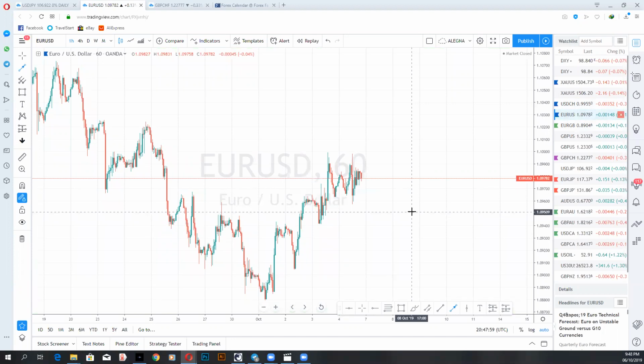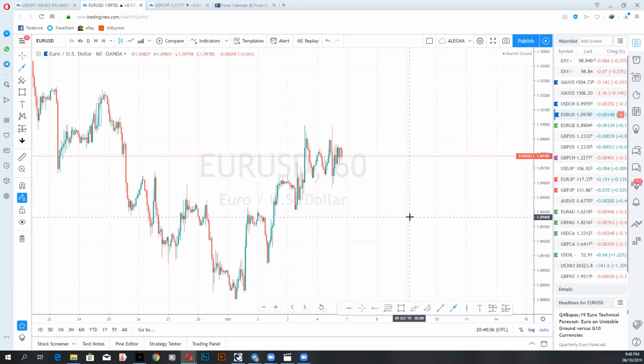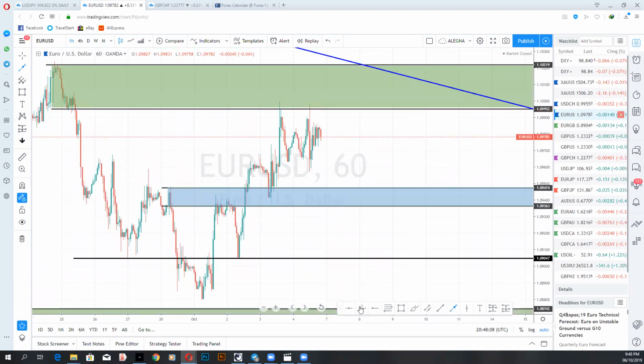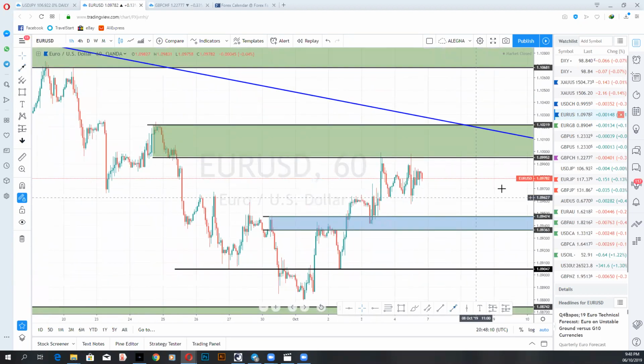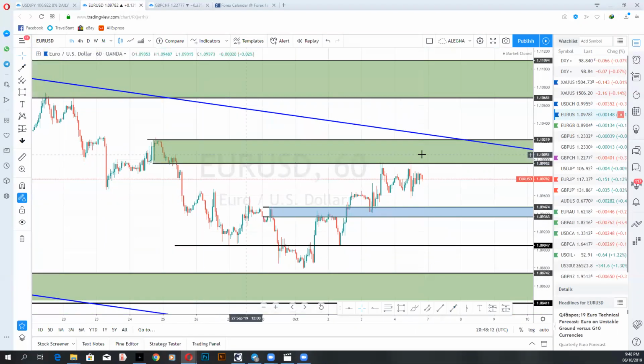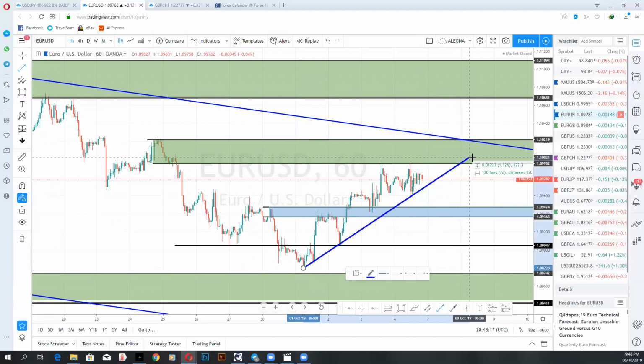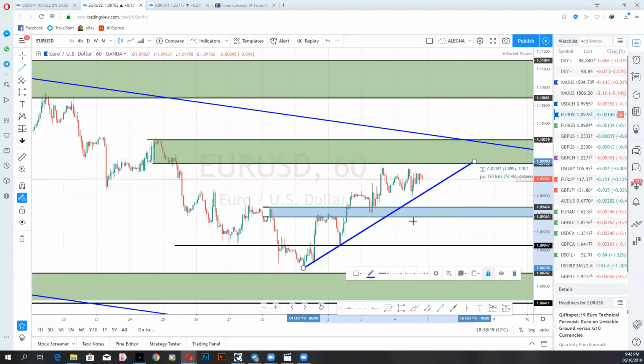Looking at the EURUSD, it's below this structural level here, and there seems to be a rising trend line here. You can see the market is respecting that trend line.